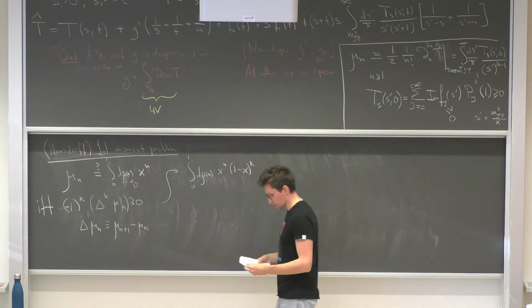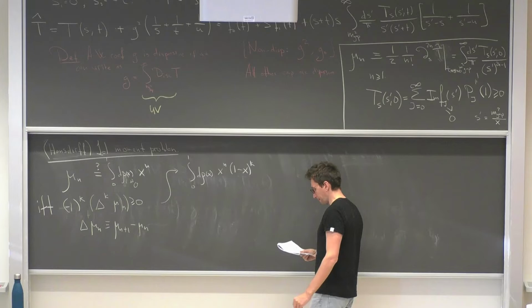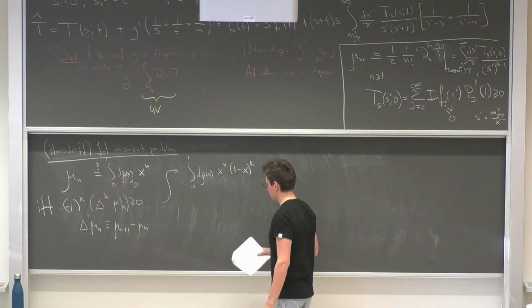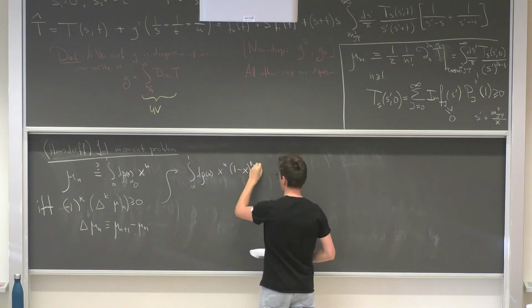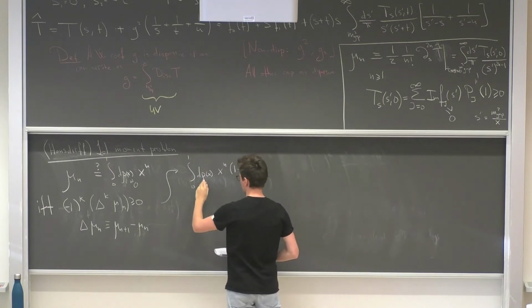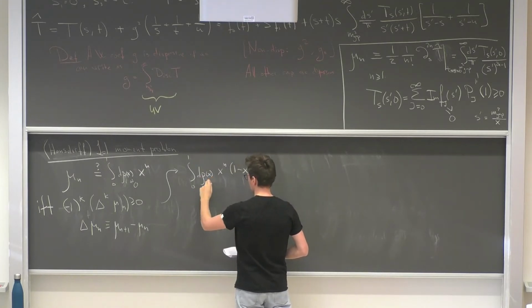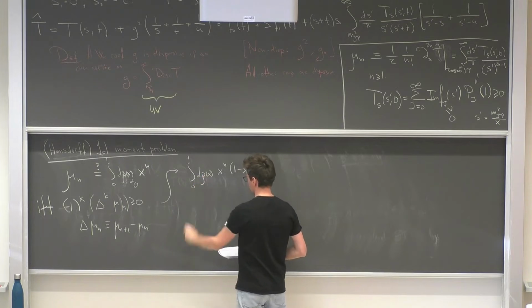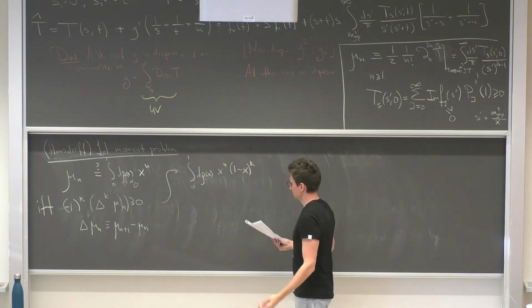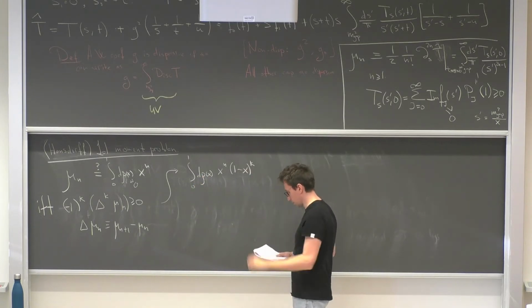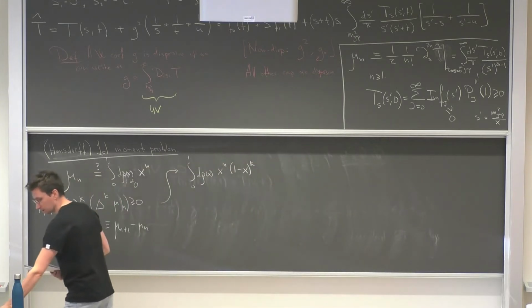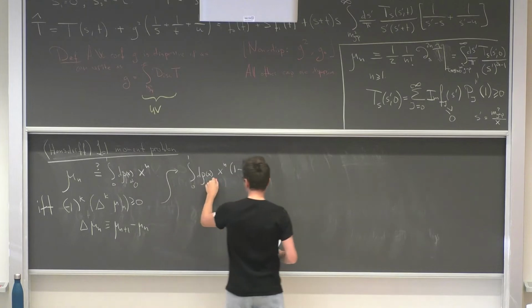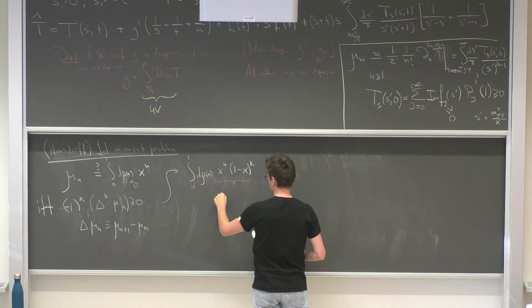Now the converse direction is a bit more complicated. Let's say you know that all these moments are positive. How do you show that this rho of x is also non-negative? Here you can use the following trick: recall that these are effectively what are known as Bernstein polynomials.